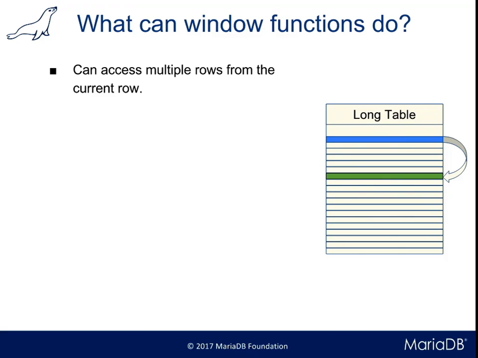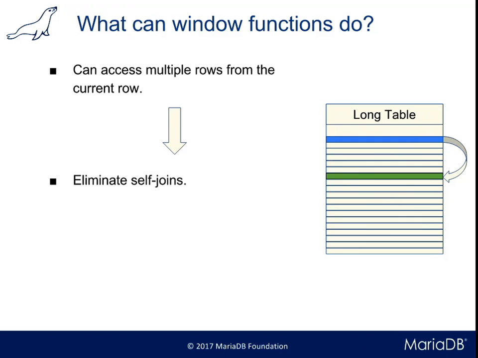The trick about them is that they are able to access rows from the same table whilst computing a value for a certain row. So say you have this huge table, the blue result can depend on the green row there. And this can only be done with window functions aside from doing self-joins. If you want to compute something on multiple rows from the same table, your only other alternative is to do a self-join.